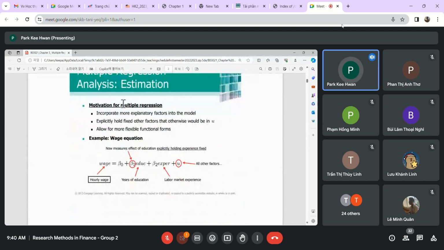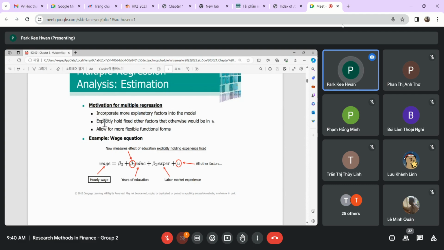Now, why do we do multiple regression? What are the good things about multiple regression? There are three good things about multiple regression.